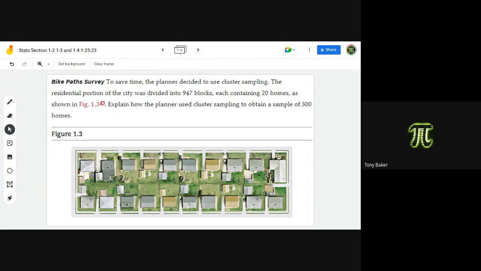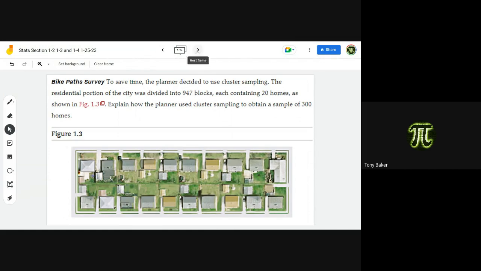So if we have 60% low income, 20% middle income, and 20% high income, I would want my survey results to be 60% low income, 20% middle income, 20% high income. So I might pick more blocks in the lower income section to make sure I hit that 60%.